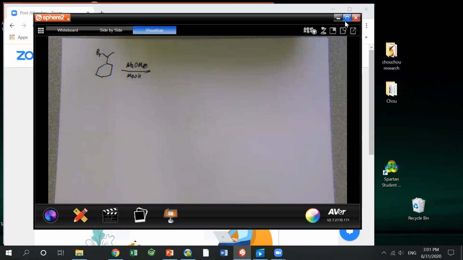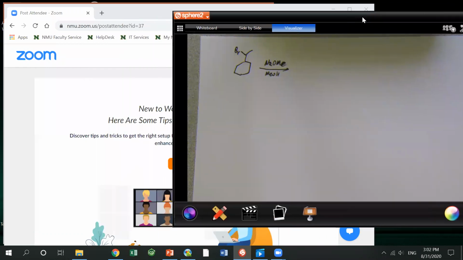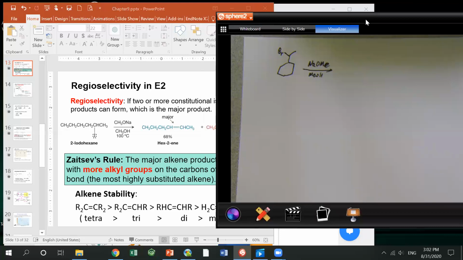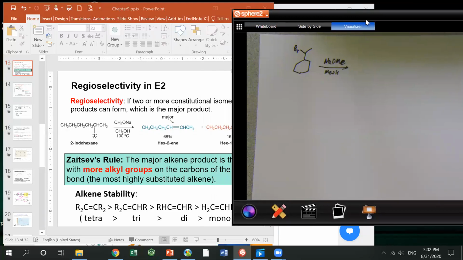All right, so for this reaction. Remember, chapter 9 is all about elimination reactions. E2 reaction we have talked about so far. One thing is the regioselectivity of E2 elimination reactions.